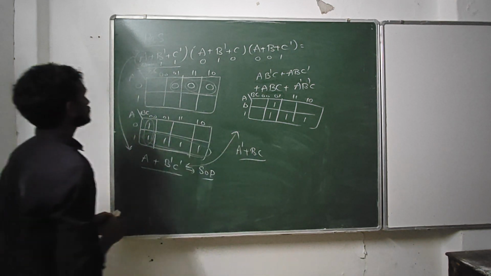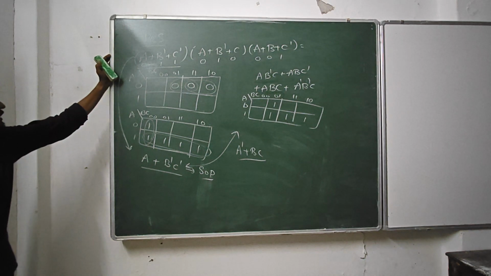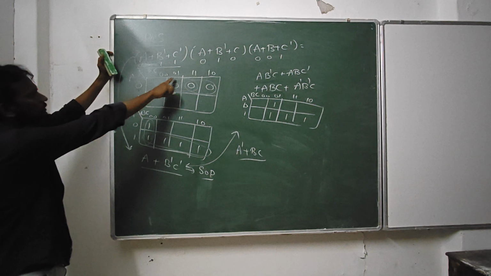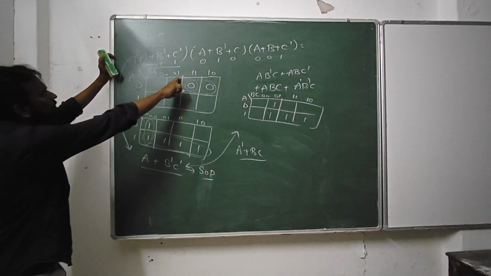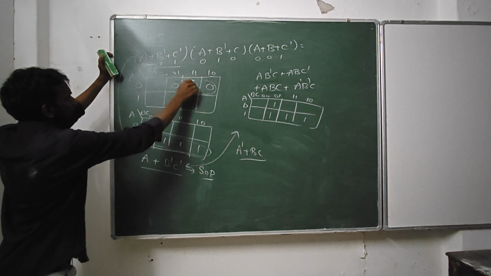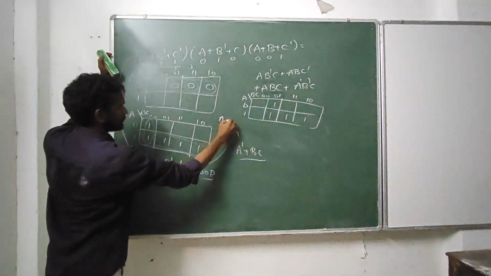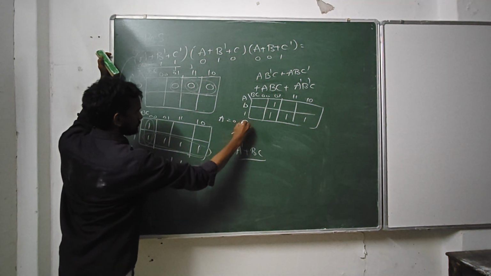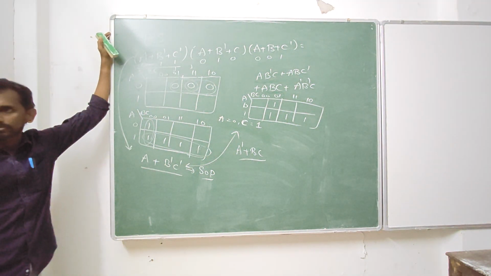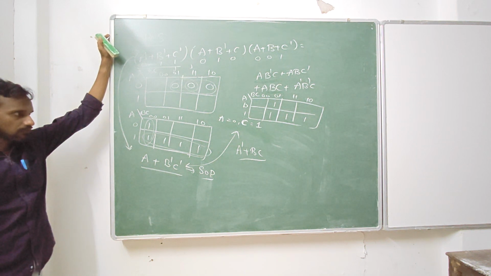To write the result in POS format, we have to process zeros. Okay. So what do you get here? A is 0, B. So from these two terms, B gets eliminated and we will be left with C. So A is equal to 0, C is equal to 1. When A is equal to 0 and C equal to 1, which term will give you 0?